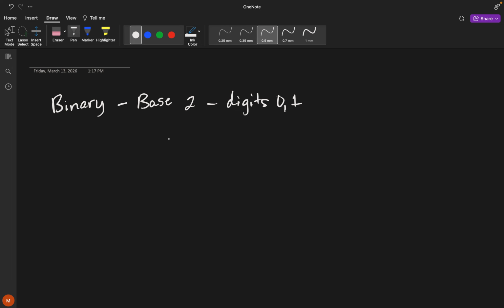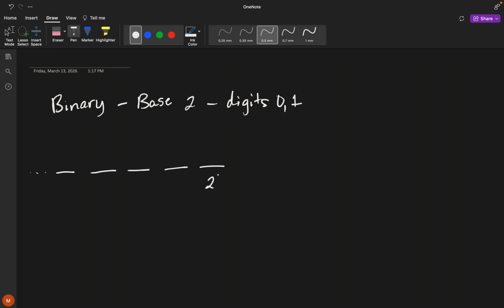And so just like before in the base 10 system, we have our place values, and of course they go on forever to the left. On the rightmost place, we have the base, which in this case is 2, not 10.